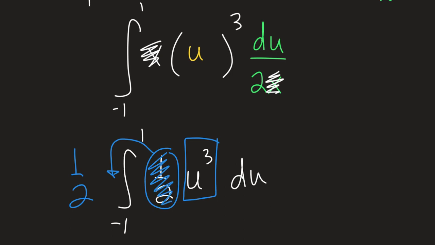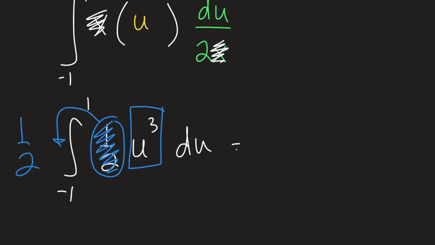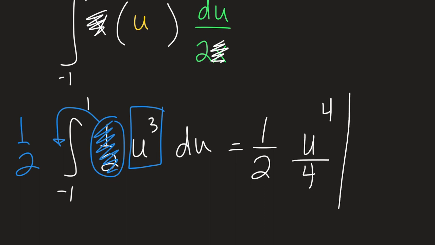Perfectly normal and mathematically acceptable to do that. So what is the antiderivative of u to the third power? Well, that's u to the fourth divided by 4, because we add 1 to the power and we divide by the new power. And we're going to evaluate that from negative 1 to 1.